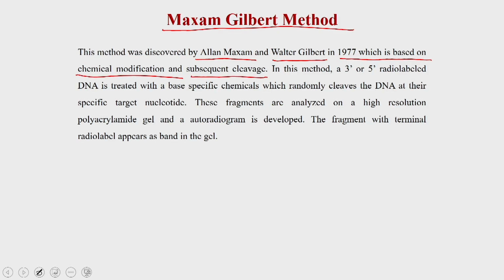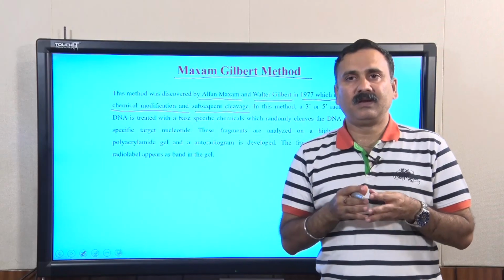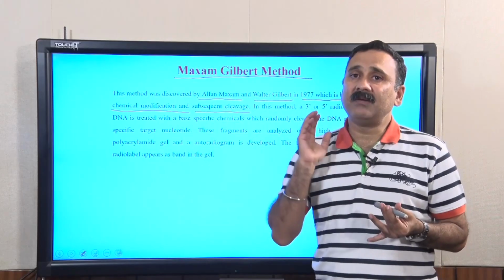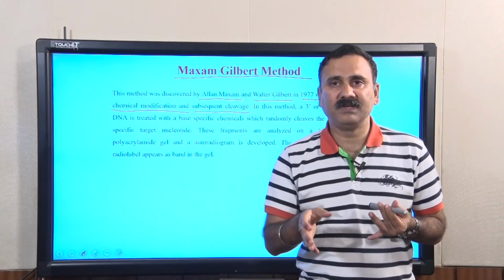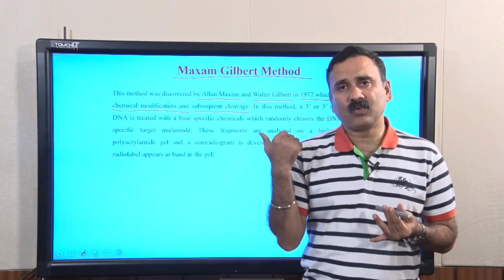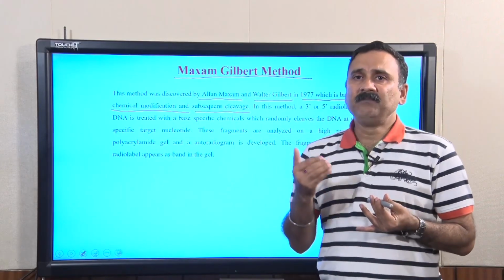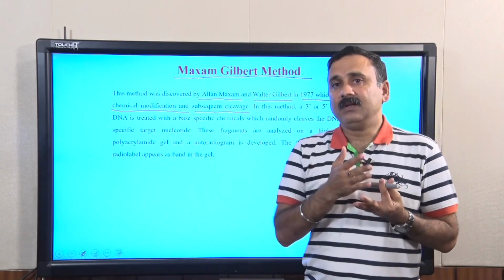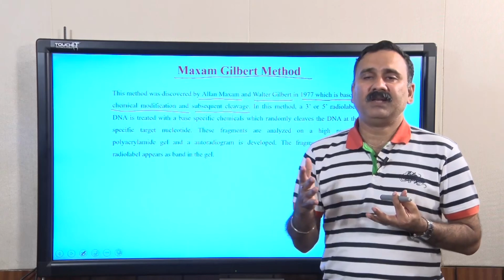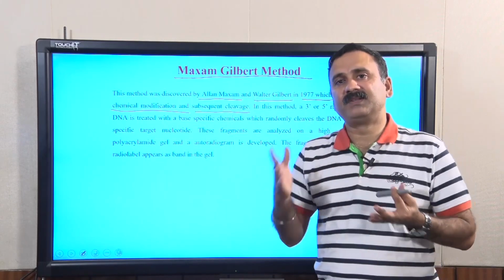If you remember, the Sanger method is based on PCR mediated reactions, where enzymes such as DNA polymerase are involved, and once you incorporate the enzymes, you could also make mistakes, because all these DNA polymerases have some level of processivity.